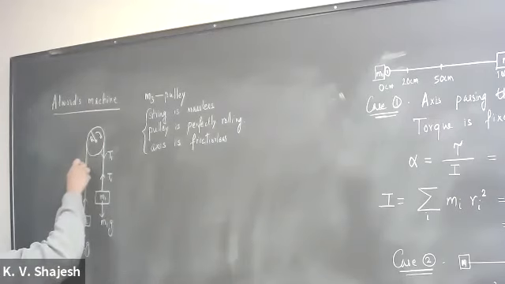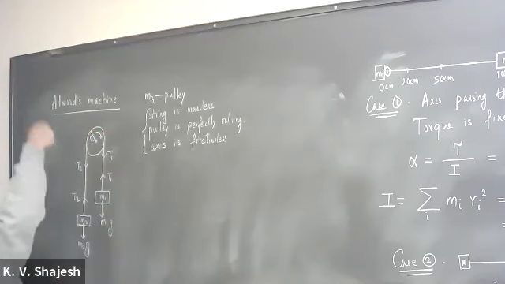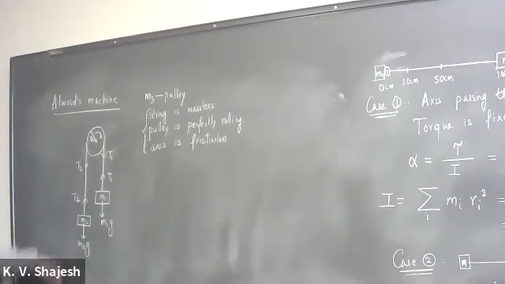And there will be a similar tension here, T2. So notice what is happening. This piece of the rope pulls the mass M1 up, and the other side pulls the pulley down. And the same thing on the other side: this part of the rope pulls M2 upward, and it pulls the pulley downward.